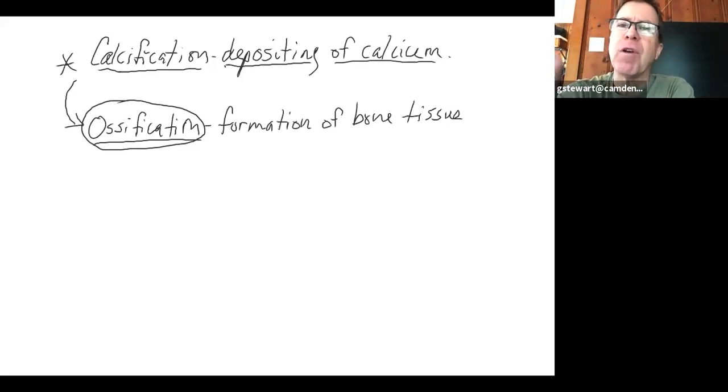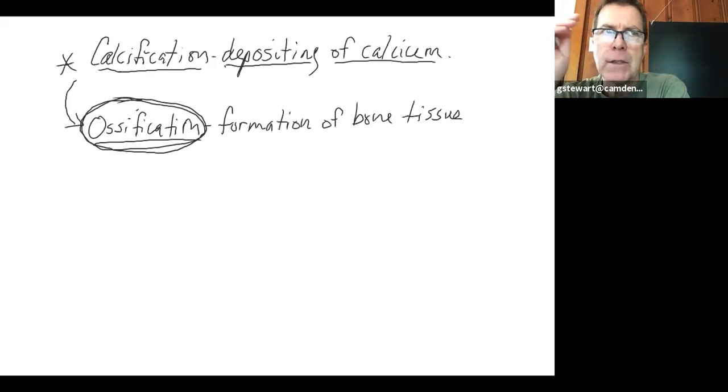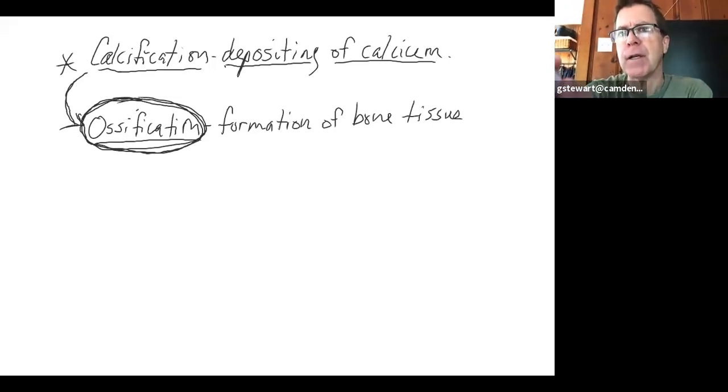There are other ingredients, though, that need to happen for true ossification to occur. So just think of, if ossification is baking a cake, cracking and whipping up eggs would be a major ingredient. That would be an analogy to calcification. You can't make cake without eggs. So that's the analogy I'm trying to make here.